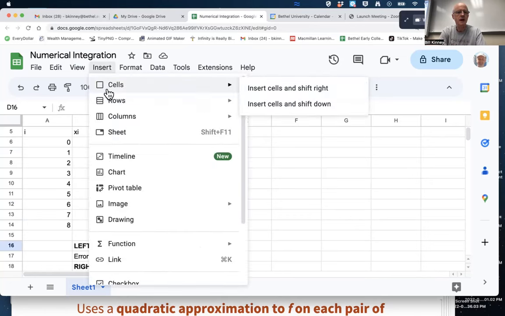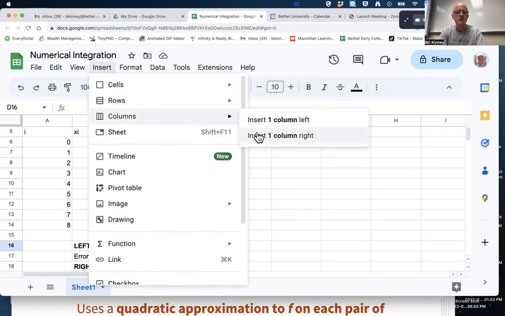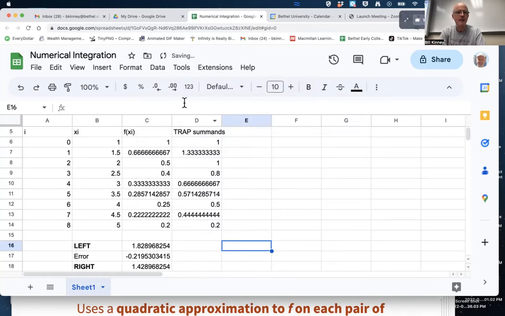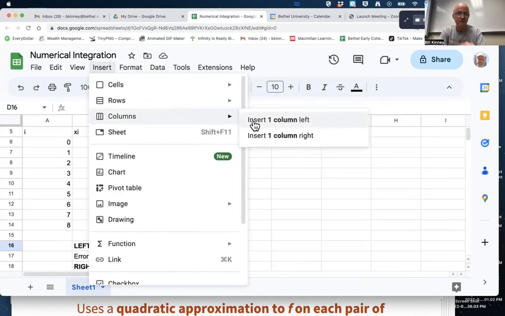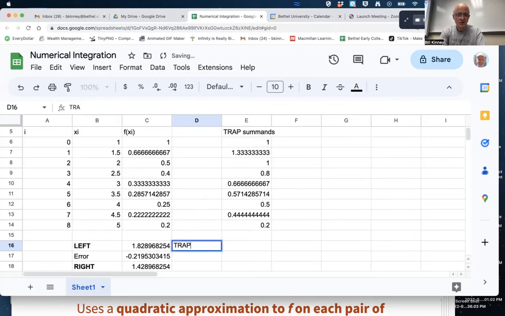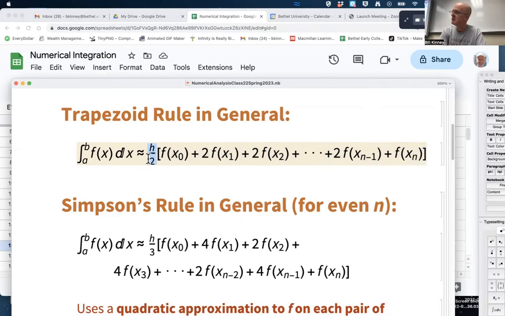I will try inserting a column. Oops, not that way. Insert one left. So I can put the word trap here, which is the reason I did that. And now I can not just add those, right? But also multiply by h over 2.